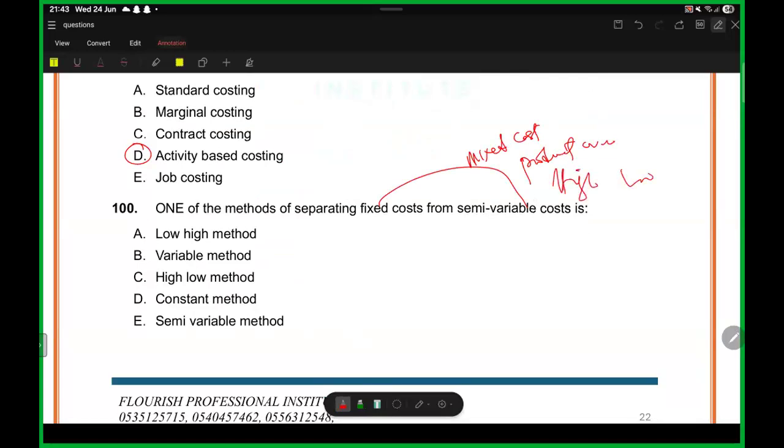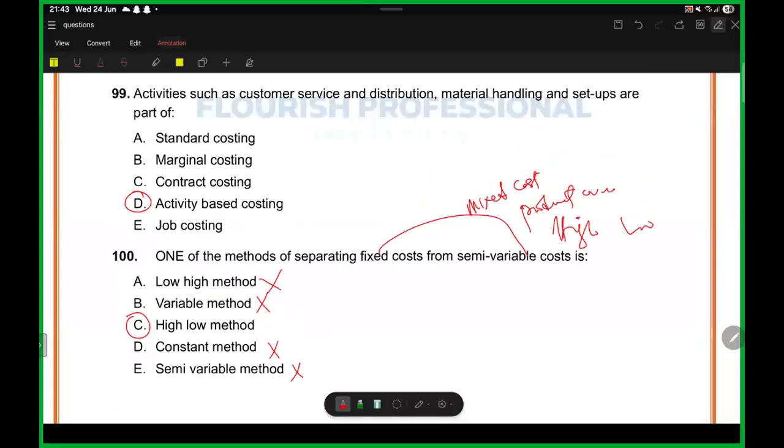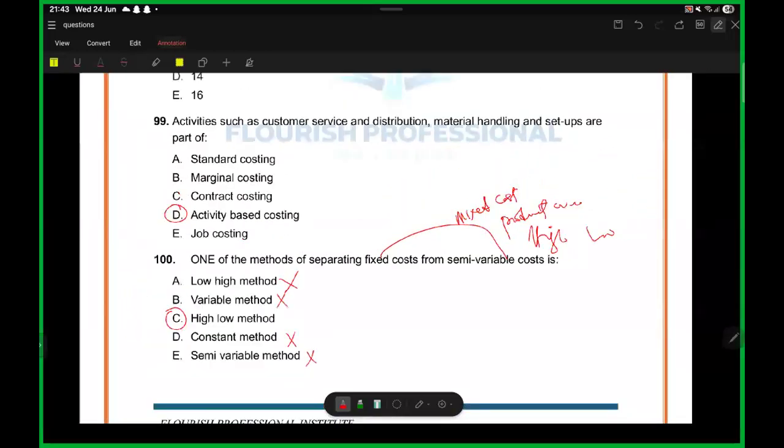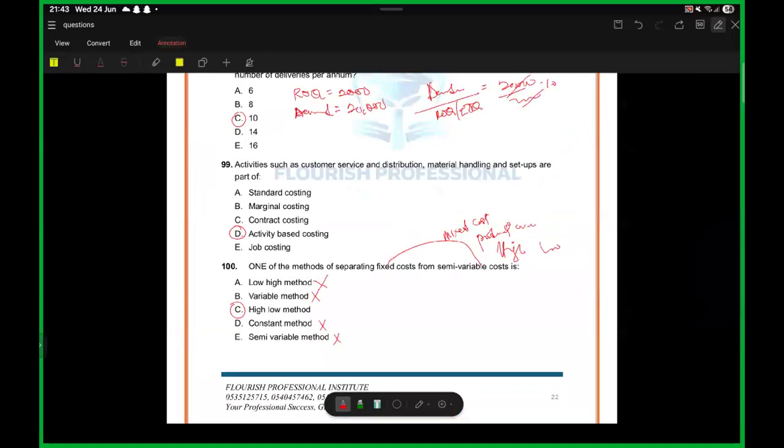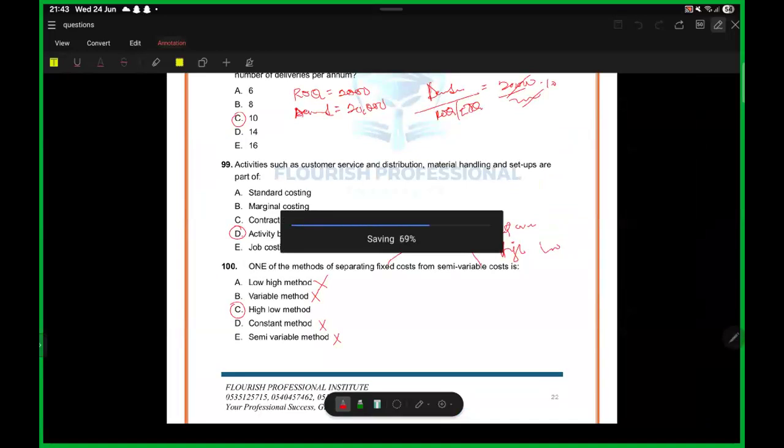We could see that in our question like this, where we used the high-low method to separate it. High-low, it is not low-high, high-low. We don't have a variable method, we don't have a constant method, or a semi-variable method. It's only the high-low method. And that brings us to the end of our session.